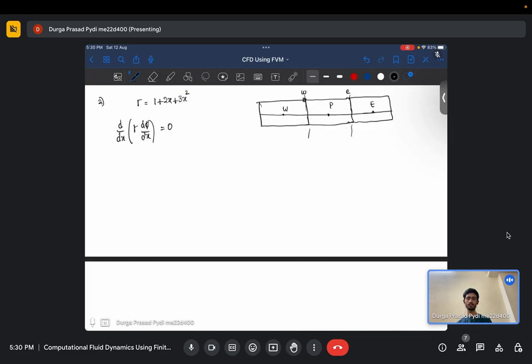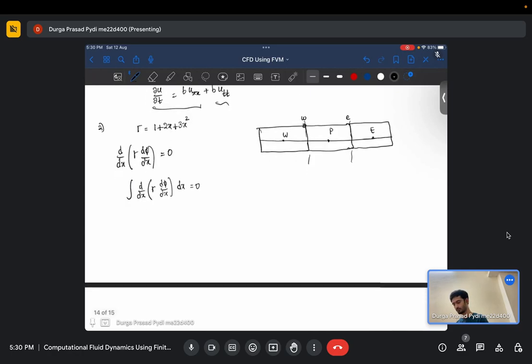So the first step is to discretize your equations over your domain. In finite volume, you just integrate. I'm integrating over the P cell, so my limits will be from the west face to the east face.